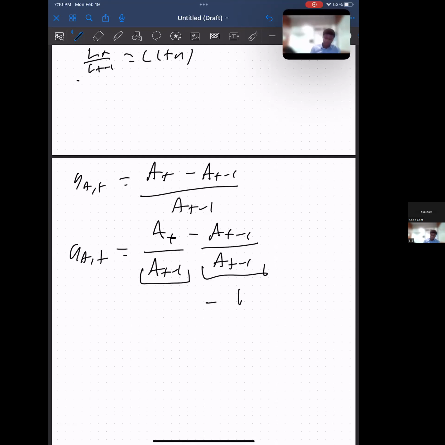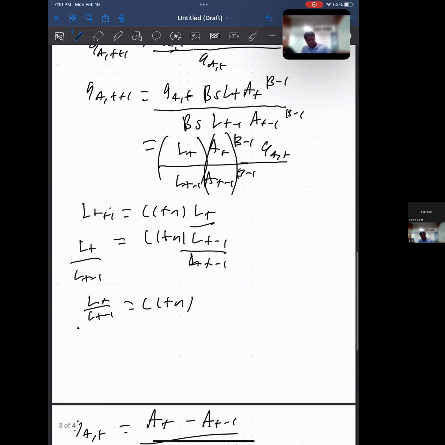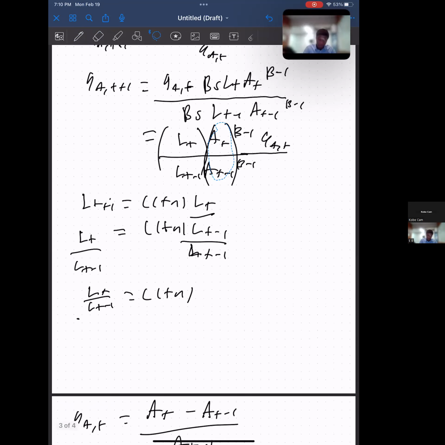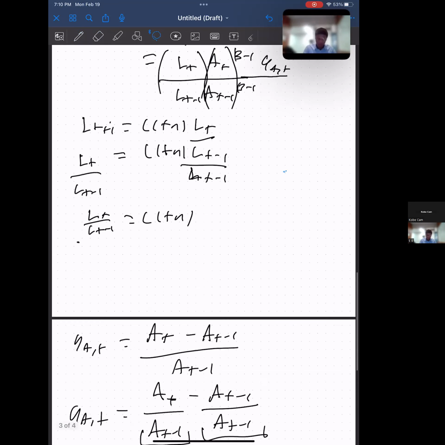So if we add 1 to both sides, now we have the growth rate of A times t plus 1 is equal to A_t over A_{t-1}. Okay, look, that's the same thing as this, so we can replace this term with that.